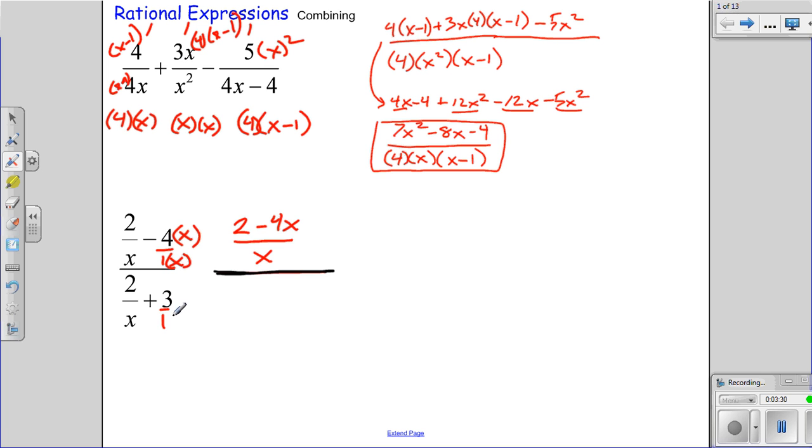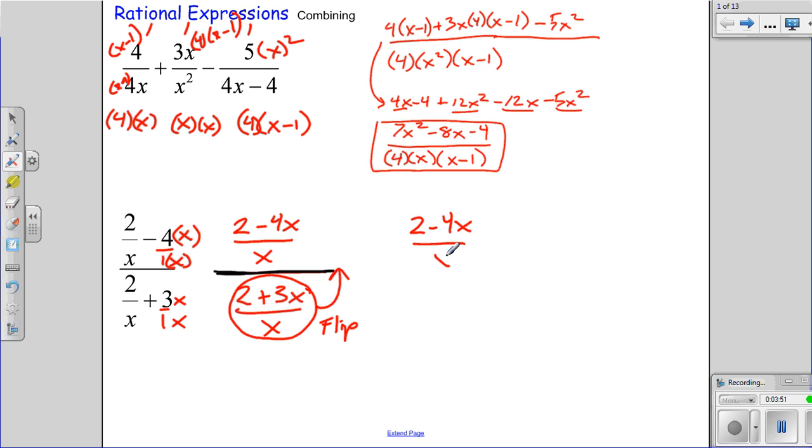So let's put that there and then put the bottom back in red. So put this 3 over 1. So I'm going to add an x to both of them. So we basically have 2 plus 3x all over x. Okay. Now what happens when we divide by a fraction, we have to take this fraction, put it upstairs, and flip it. Okay. So I'll make a little note here. So now I'm going to rewrite the problem. So we have 2 minus 4x over x times, and then I'm going to flip the bottom part.